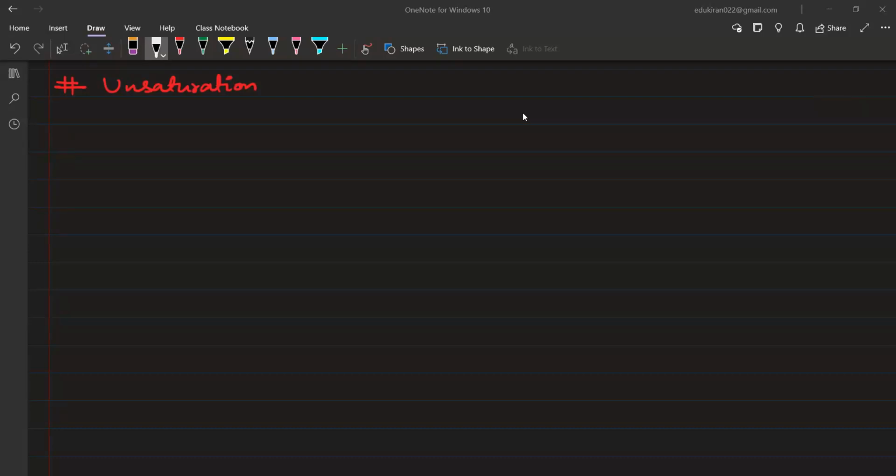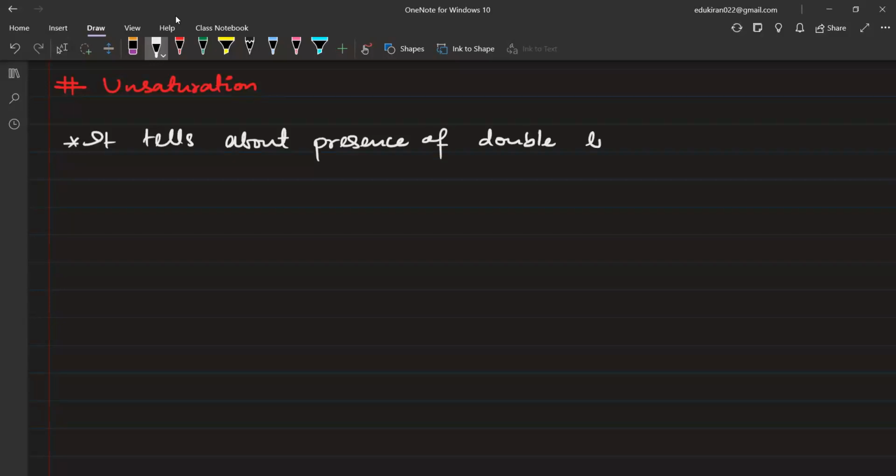ठीक है, चलिए अनसैचुरेशन देखते हैं. What is unsaturation? It tells about presence of double bond and triple bond.